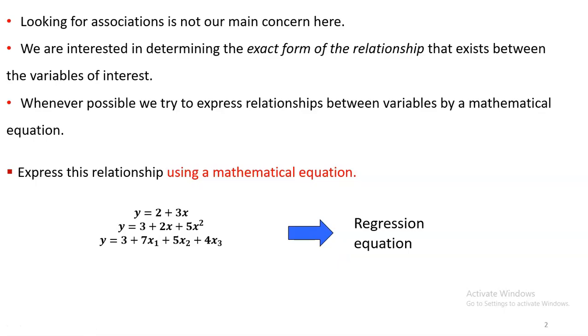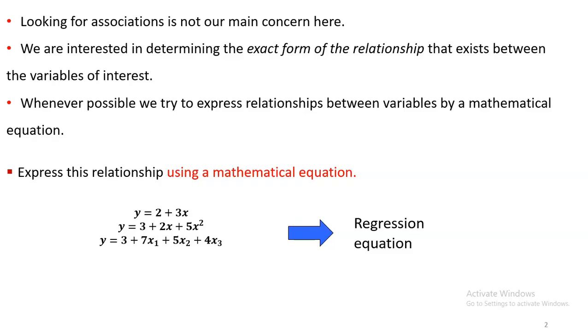Actually, we are interested in determining the exact form of the relationship that exists between these variables. If it is possible, we try our best to express that relationship using a mathematical equation, which we call a regression equation.